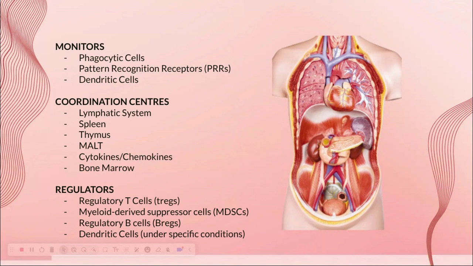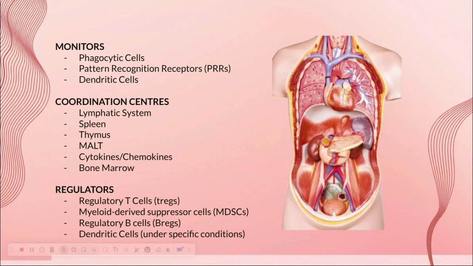These cells use pattern recognition receptors, or PRRs, like toll-like receptors, TLRs, to identify pathogen-associated molecular patterns, which are called PAMPs, which I mentioned earlier, and damage-associated molecular patterns, DAMPs.